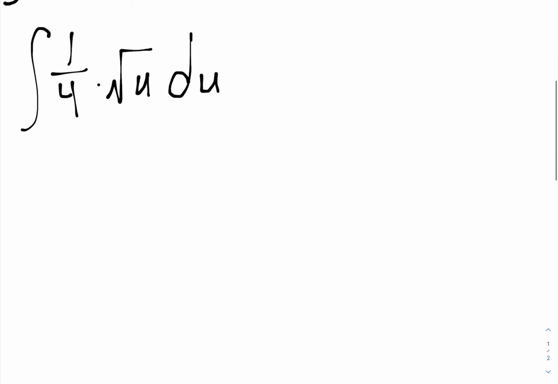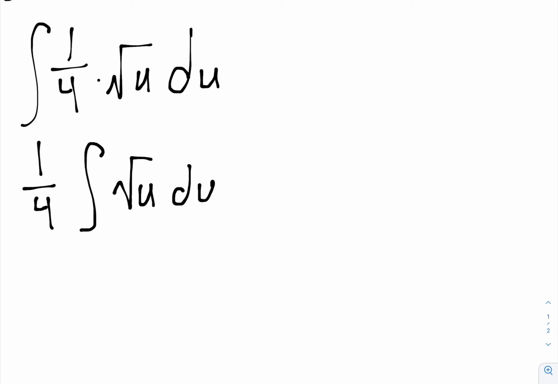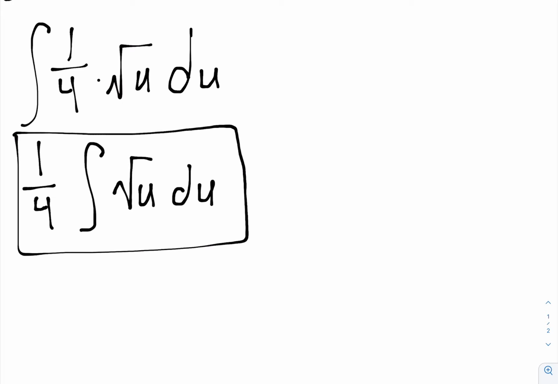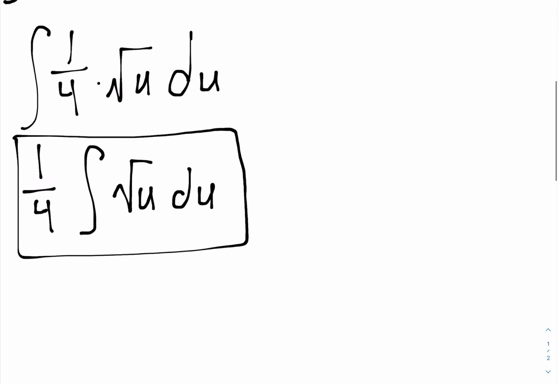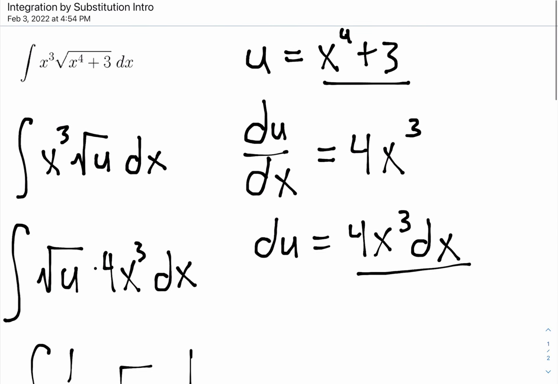And if we factor out this constant 1/4, with integrals we can take out the constants: 1/4 times the integral of root u du. So we went from something that looked super scary and we made it into this seemingly simple looking function just by calling u x to the fourth plus 3.